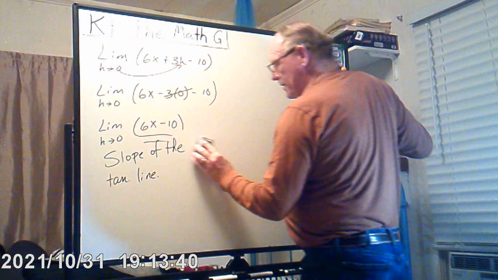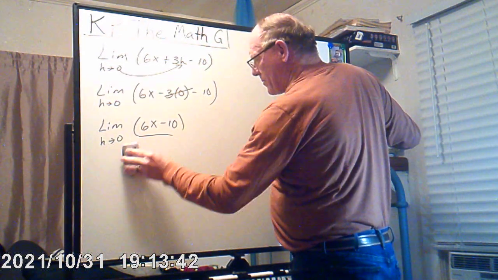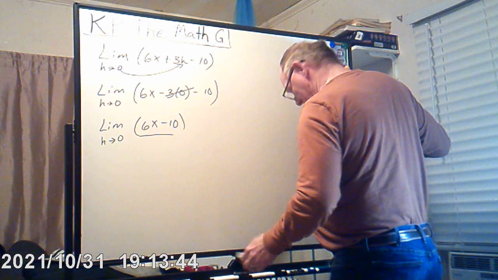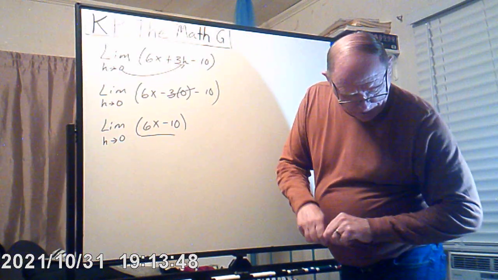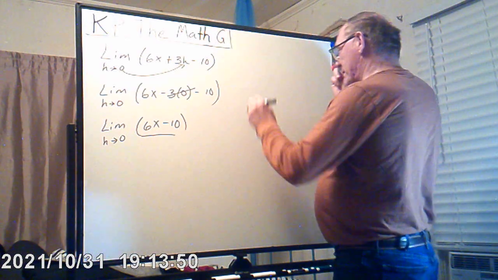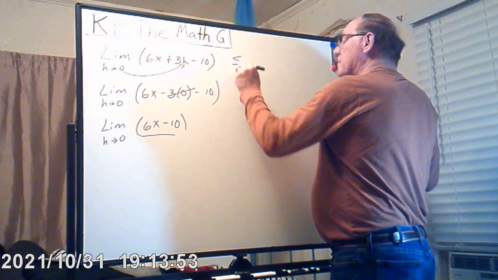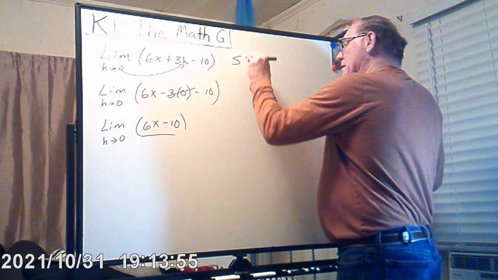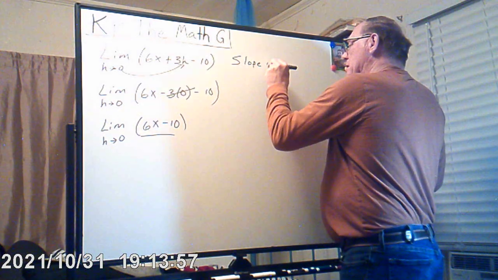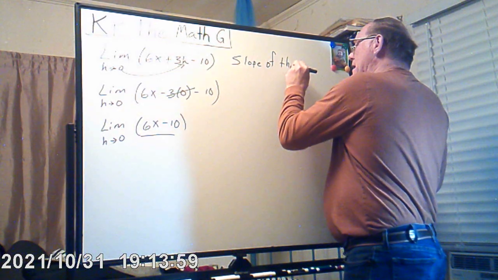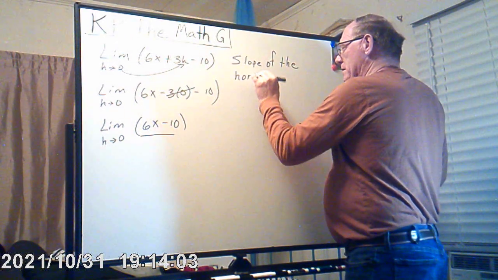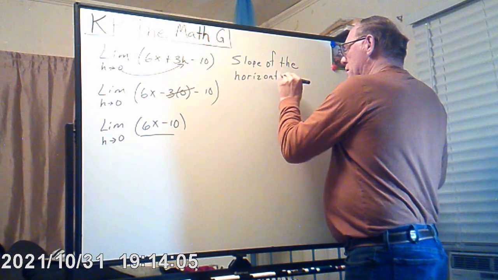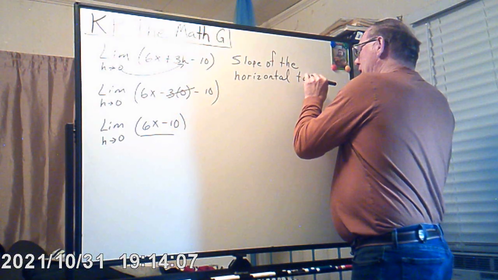So in this case now, since this represents the slope of the tangent line, we want to also find the slope of the horizontal tangent.